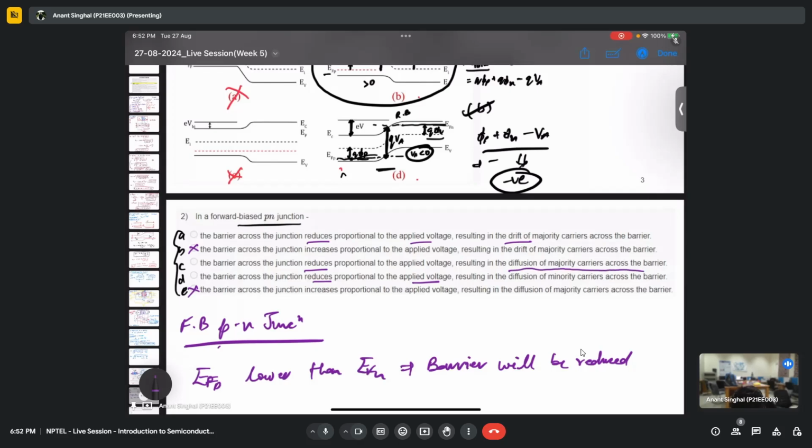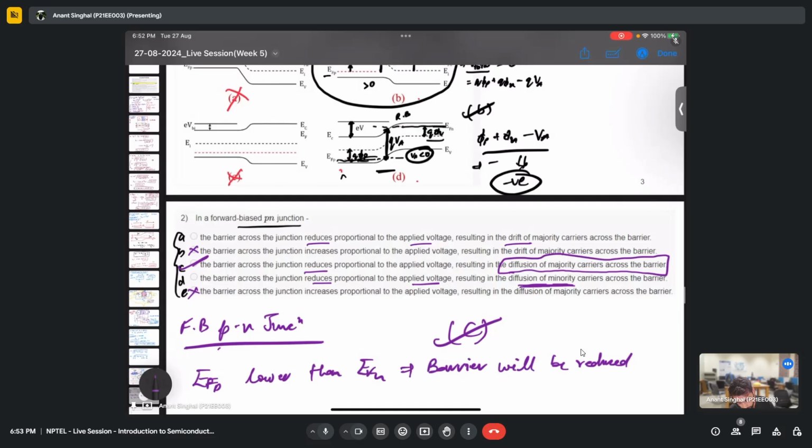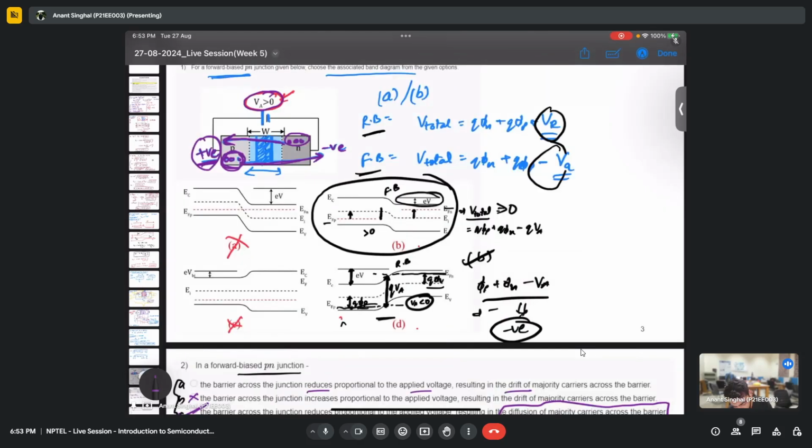So the diffusion of majority carriers across the barrier is happening, and the barrier will reduce because of it. Does it make sense? Option C will be correct here. There is no diffusion of minority carriers happening because the positive voltage is on this side, so majority carriers are having the diffusion.